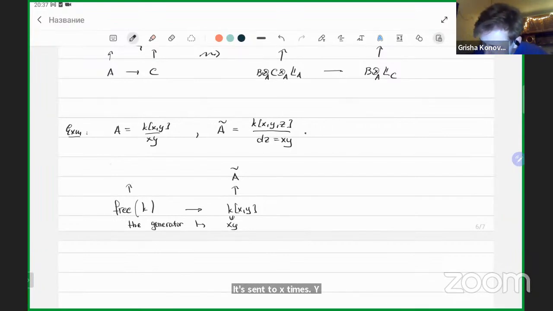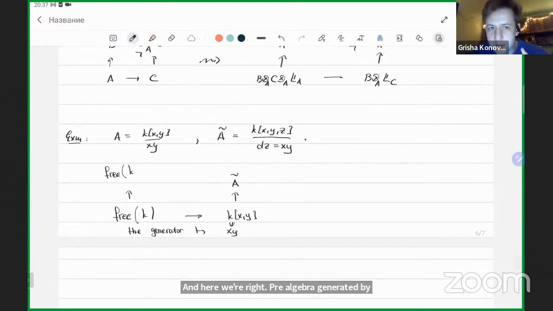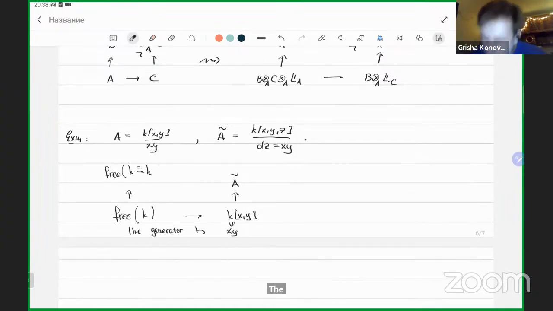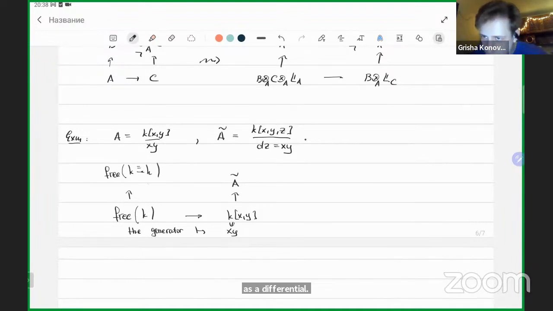And here we write free algebra generated by the complex, which consists of two terms and has identity as a differential. And the right term sits in degree 0 and the left term sits in degree -1.